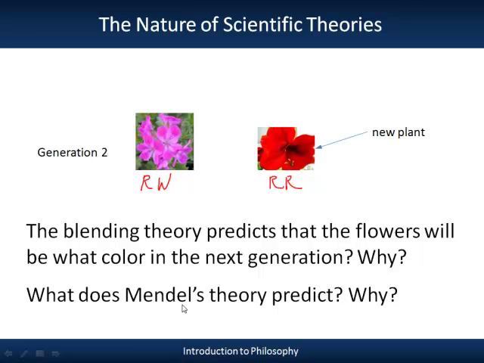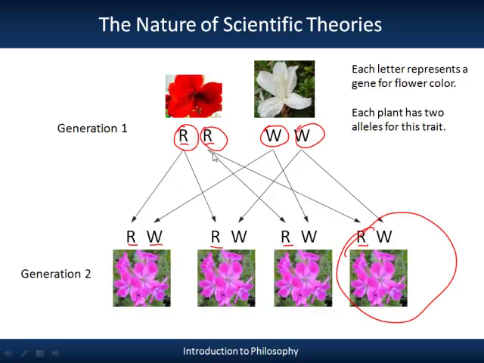Now, Mendel's theory, of course, suggests that the genetic material is not passed on like fluids, but it's passed on as discrete units, which are these genes. So, just as we saw on the previous slide, each of these genes is copied and passed on to the next generation, and that's what determines the flower color, or any of the traits in the offspring.